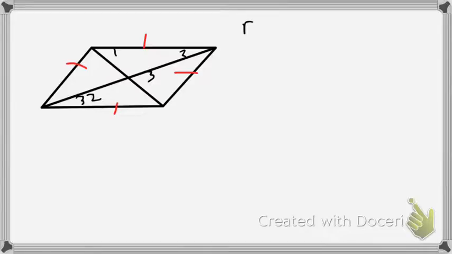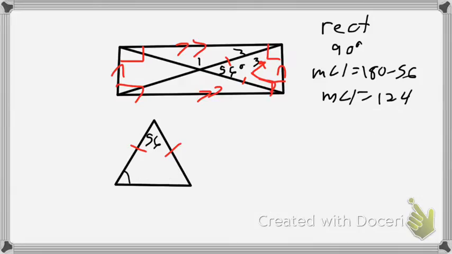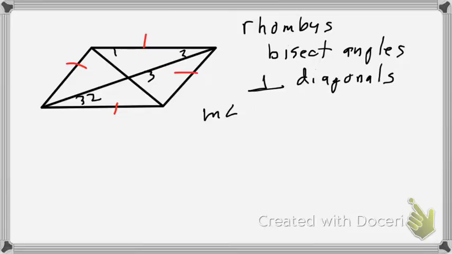So if we know that 32 is half an angle, then we know that angle 3 is 90 degrees.